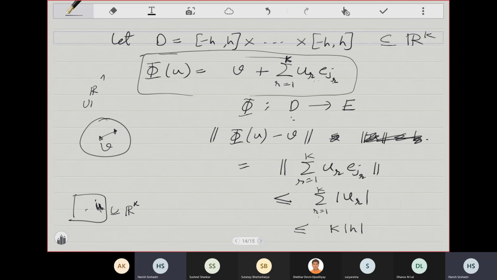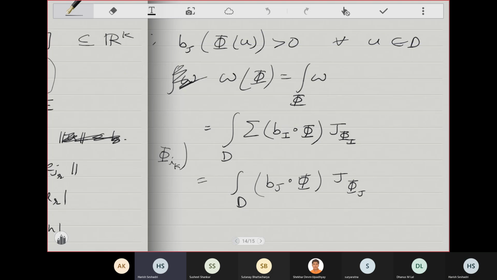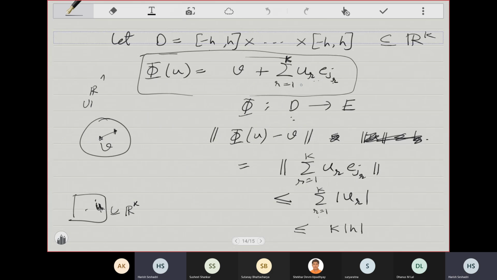So let me just quickly write down what is phi I. Phi I would be, the way I defined it, phi I1, phi I2, up to phi I k. Now, as I remarked earlier, I was about to write in component notation, but then I changed my mind.